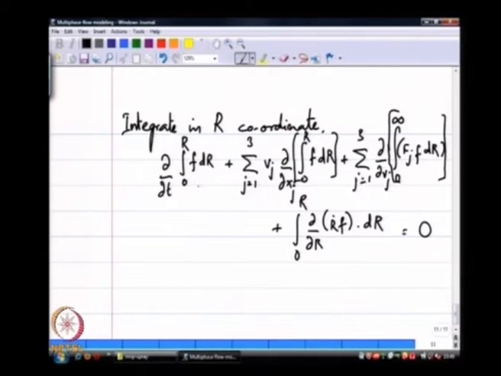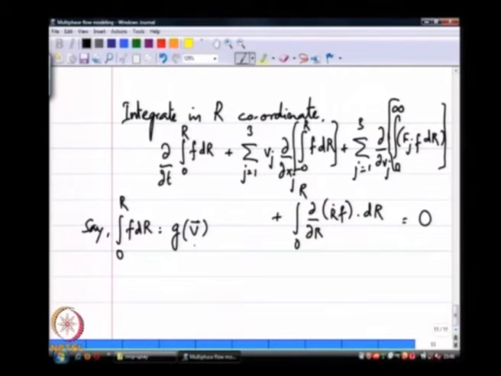If I now define this as being some sort of a probability density function in velocity, correct, since we said this will have all the status of a probability density function, we are able to do this. So, if I rewrite this, what do I get?